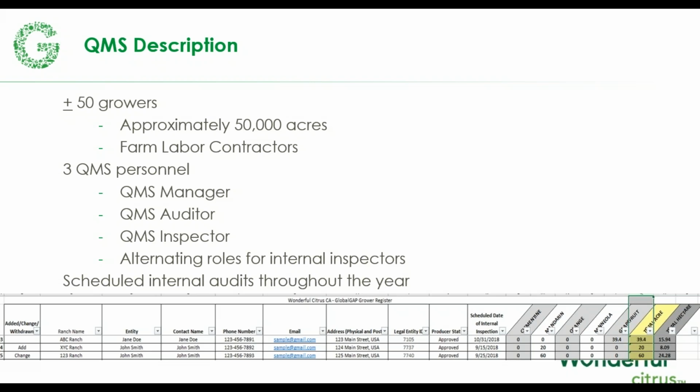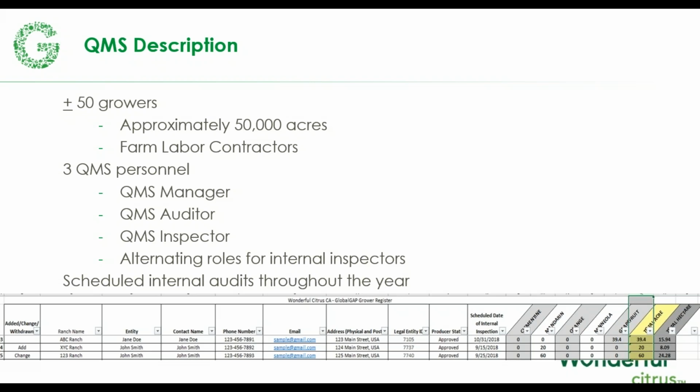Whenever you have to have your QMS manual audited, we utilize somebody at one of our alternate locations outside of California to audit our QMS manual, and vice versa whenever they need to have their manual audited. When it comes to the QMS auditor and the QMS inspector, we have a QMS auditor, myself, for the owned and managed ranches.